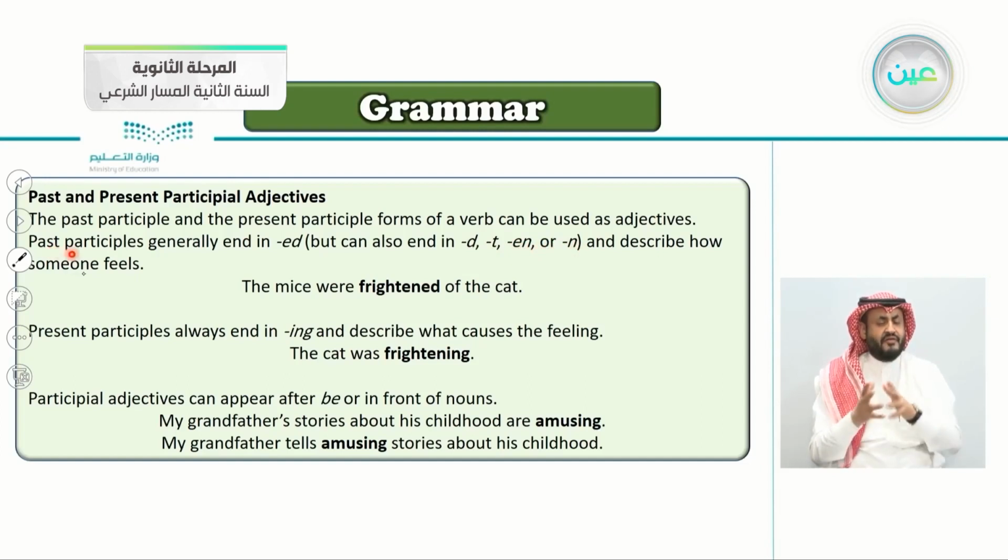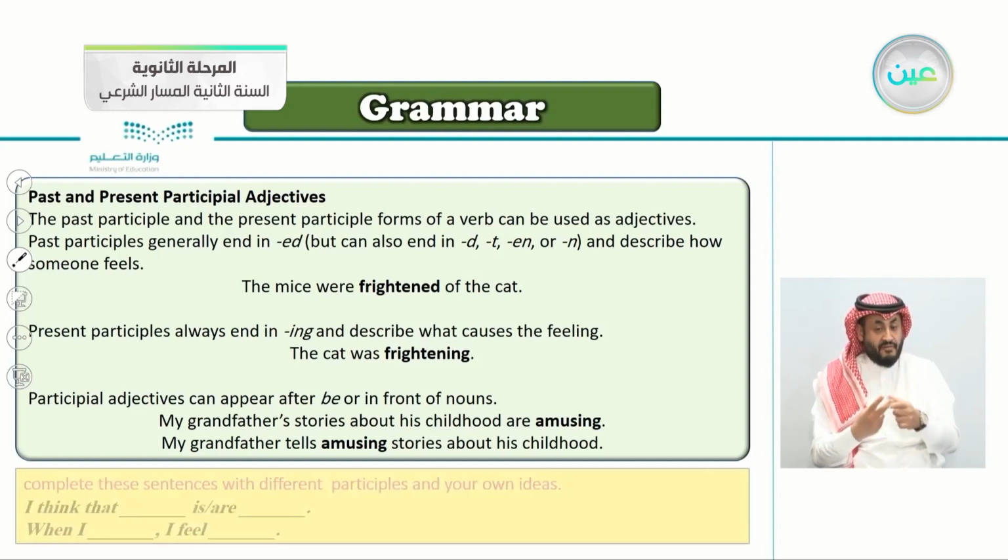So the past participle describes how someone feels: the mice were frightened, I was excited. On the other hand, the present participle always ends in -ing and describes what causes the feeling. The cat was frightening. I was excited. The event was exciting, and so on.